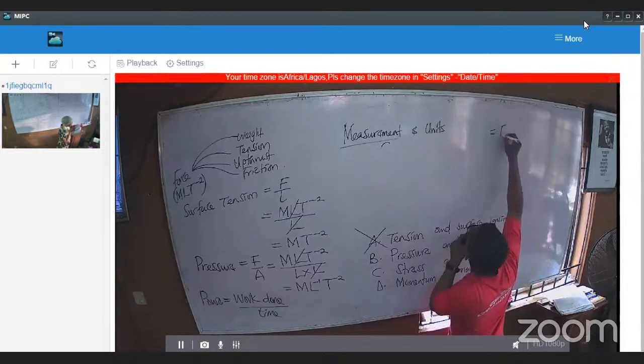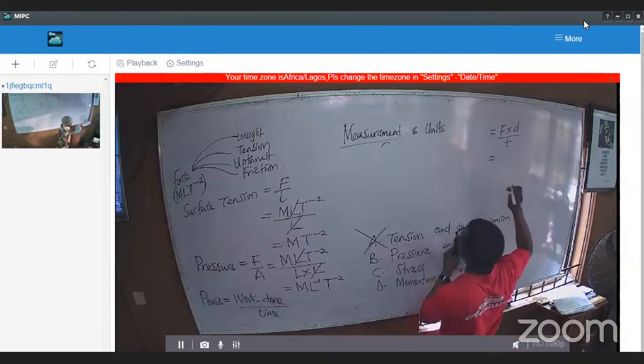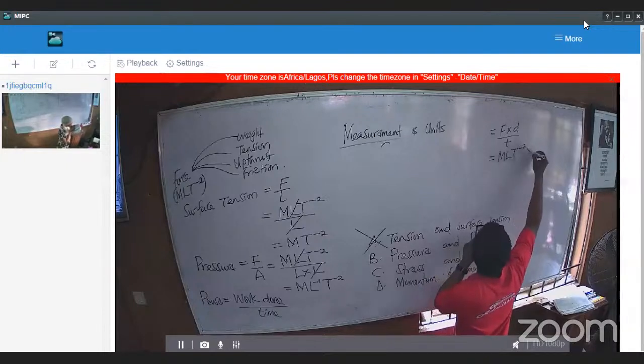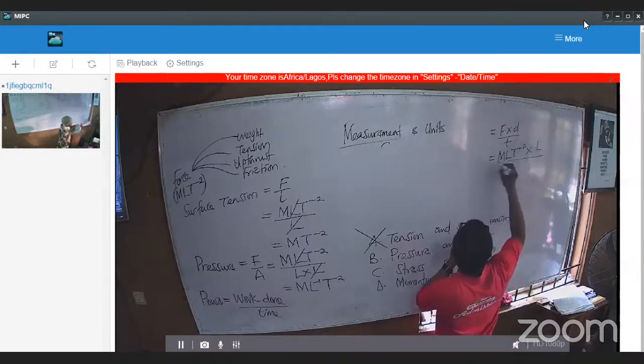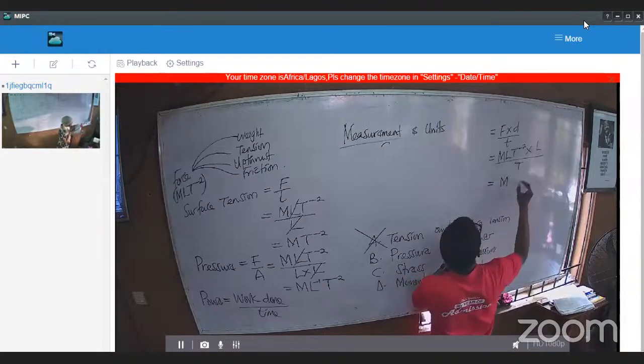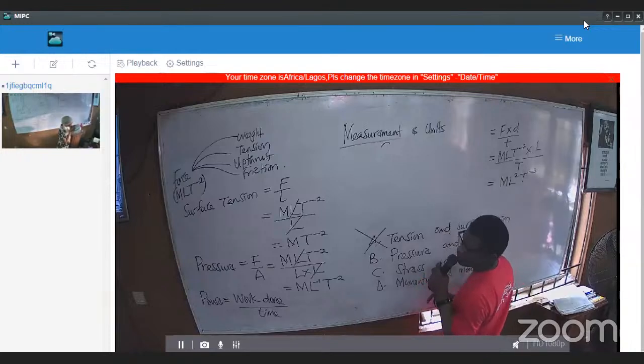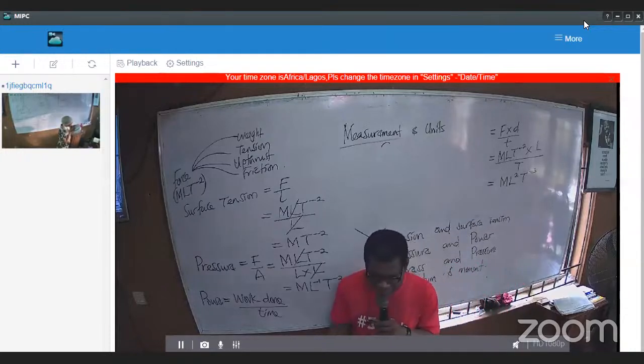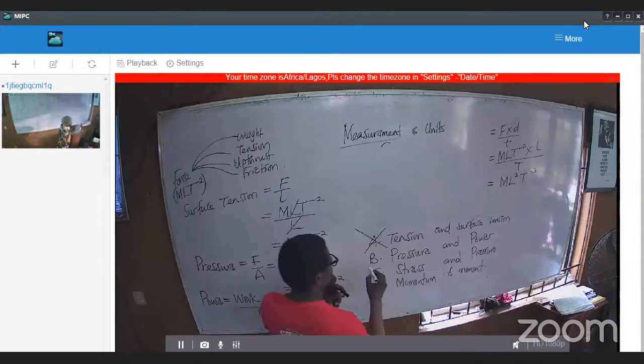Force times distance, over time. What is force? MLT minus 2. What is distance? L. What is time? T. That would now be ML squared T minus 3. Power and pressure, are we the same thing? Never.